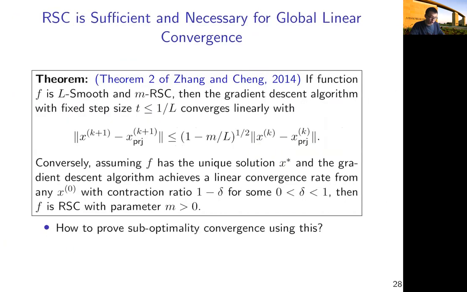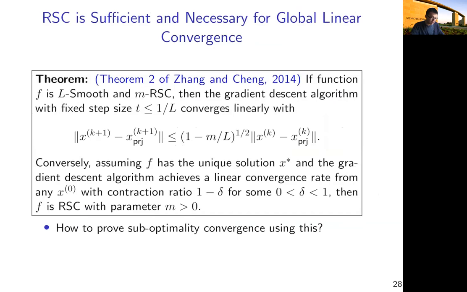It was also shown that RSC is in some sense always needed if you want to show that the gradient descent algorithm converges linearly. So this is in some sense an if and only if condition. This theorem is the upper bound part of it.